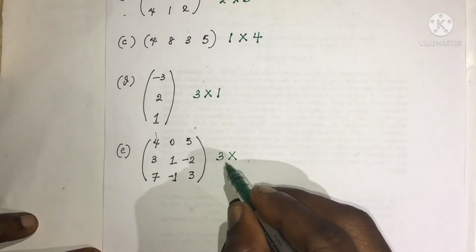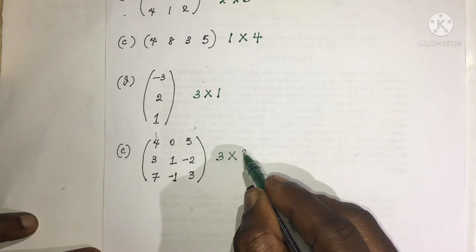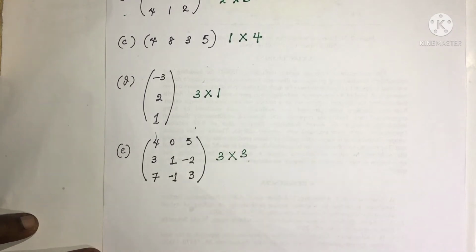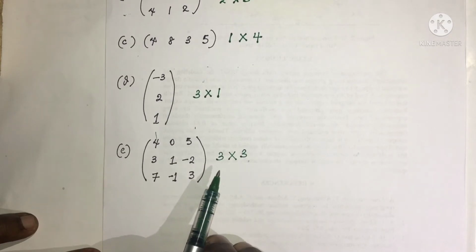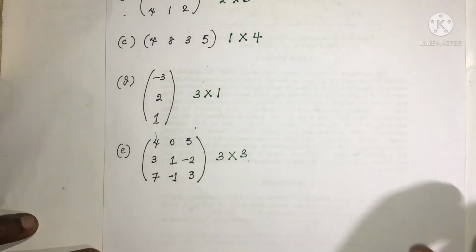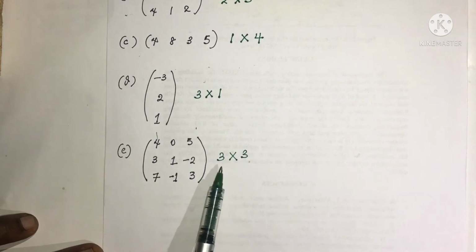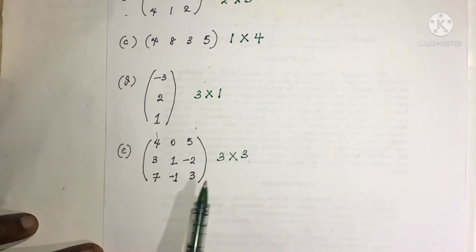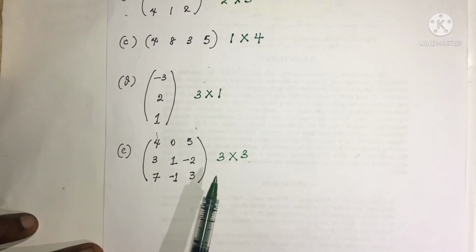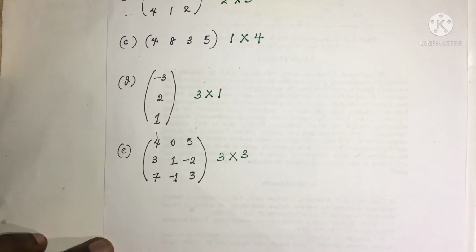So there are 3 rows in this matrix and 3 columns, and that makes a matrix of order 3 by 3. We had called such a matrix a square matrix in my video on matrices. So this is a typical example of a square matrix, a matrix whose number of rows equals the number of columns.